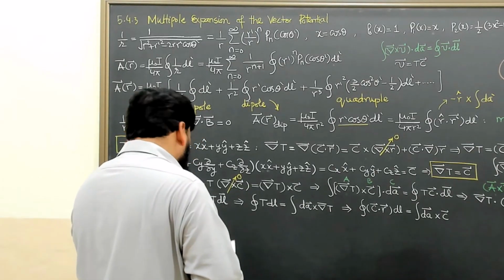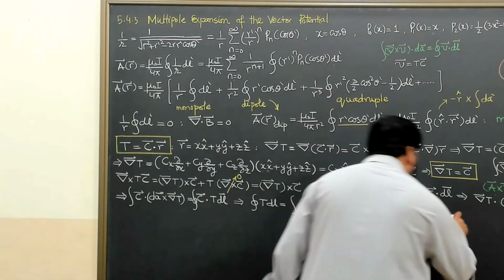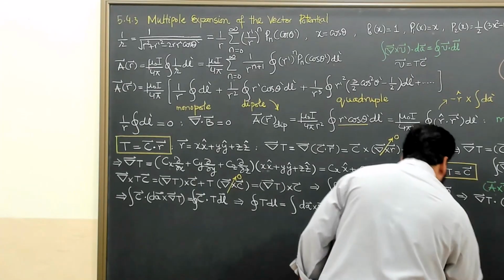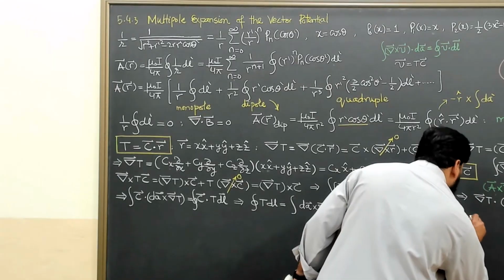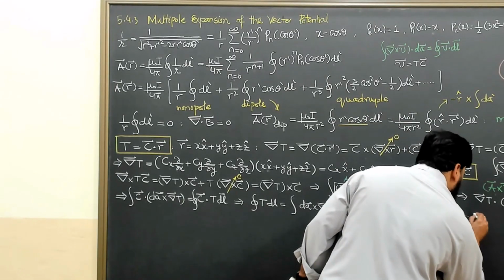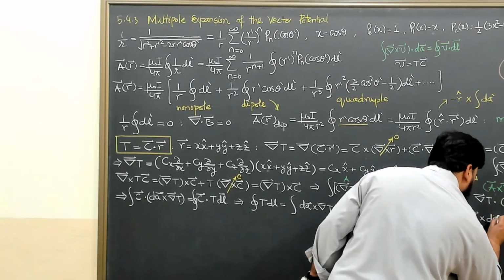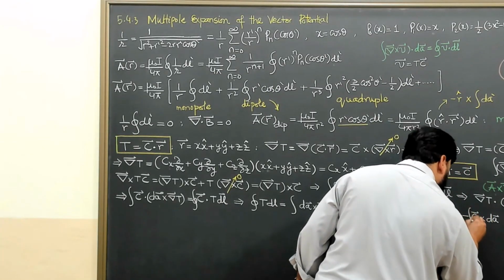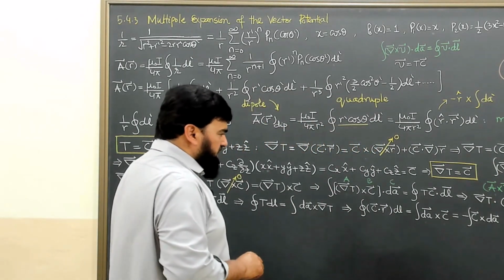So we have reached here, or if I reverse this order, a minus sign will be introduced. So I can write C cross dA, and this is the integral with a minus.